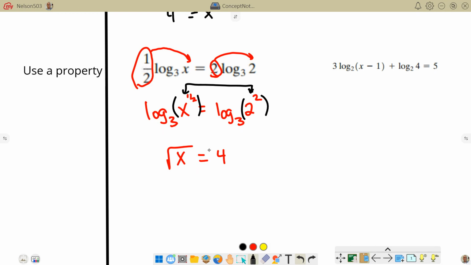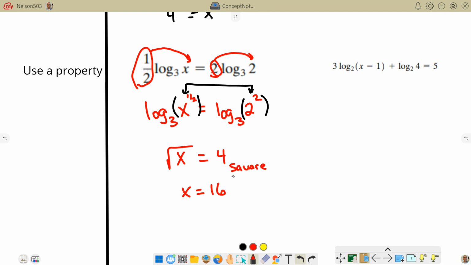They've got to be equal to each other. Anyways, to get rid of a square root sign, we could just square both sides of the equation, right? So I end up with x is equal to 16. I just squared both sides.